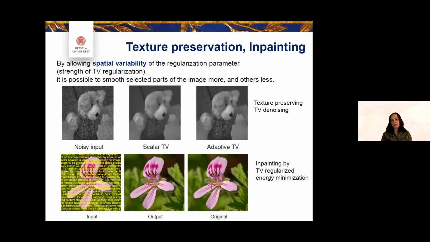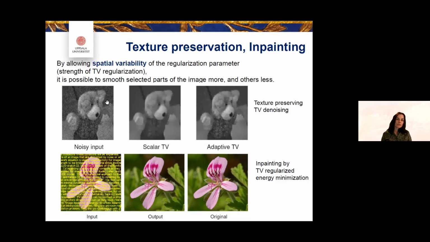We can, in some automatic way, have this tuned differently and say, okay, in this region I would like to have less regularization, which will mean I will suppress my variations in intensities less and have more trust in my data, so keep the original values untouched, for example. By that, I can essentially preserve texture.